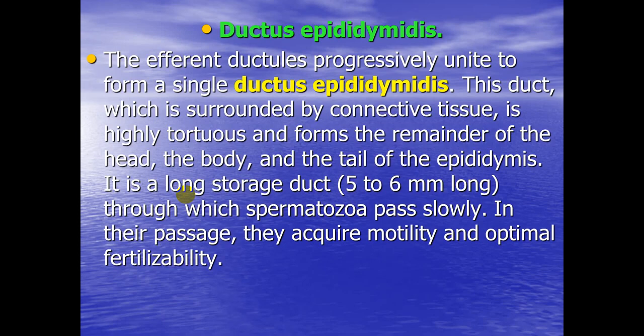So the epididymis travels from the head up to the tail. It is coiled many times, and here sperm cells also pass slowly through this ductus.